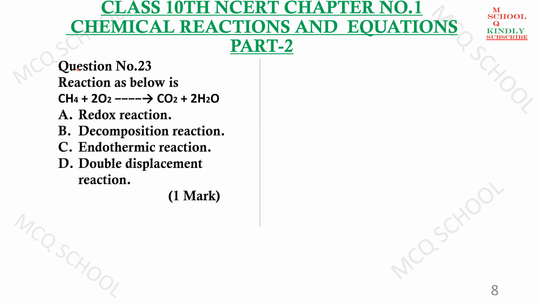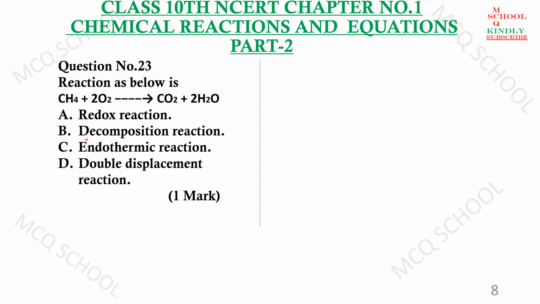Let us take question number 23. The reaction is methane plus oxygen forms CO2 and moisture. The options are A, redox reaction; B, decomposition reaction; C, endothermic reaction; D, displacement reaction.